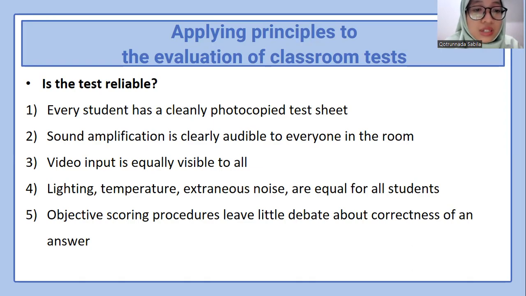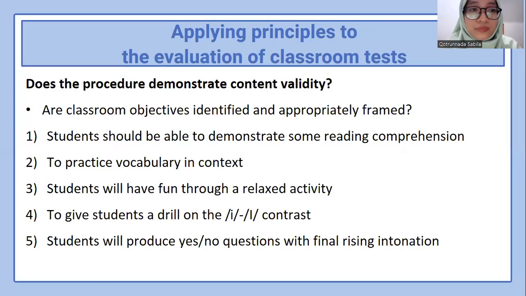Sound amplification is clearly audible to everyone in the room, and video input is equally visible to all. Lighting, temperature, extraneous noise, and other classroom conditions are equal and optimal for all students. An objective scoring procedure leaves little debate about the correctness of an answer.